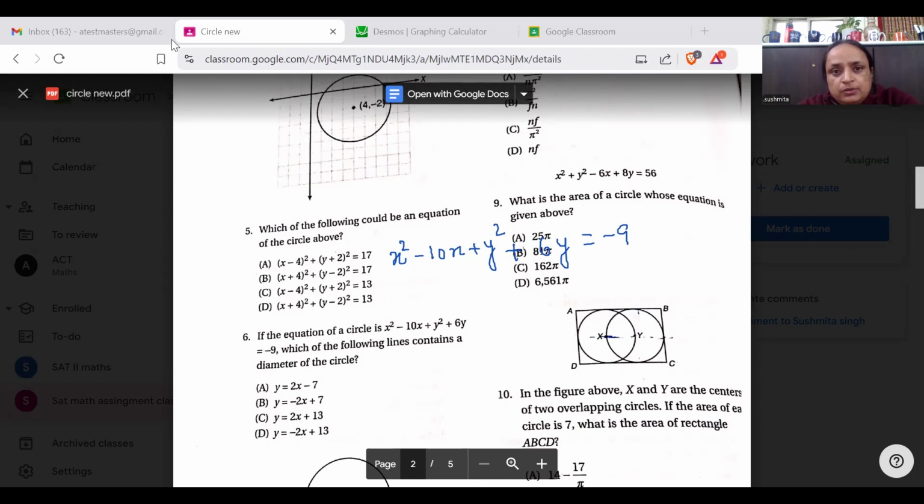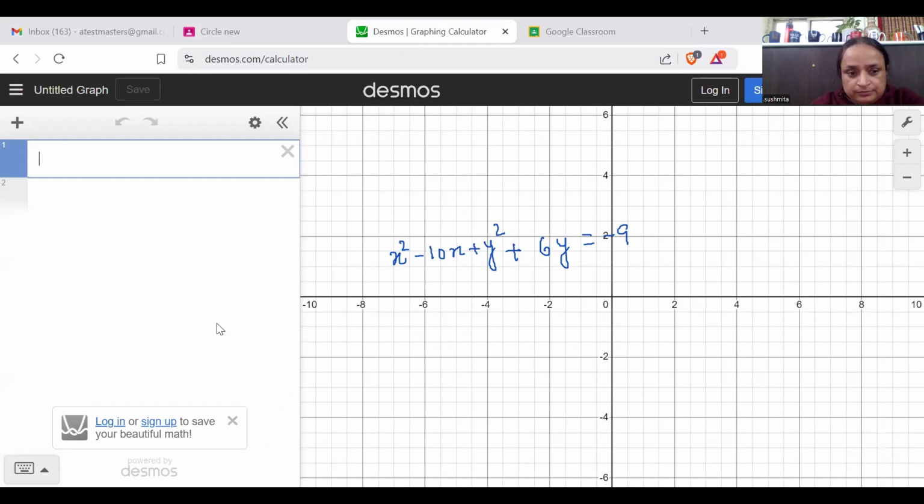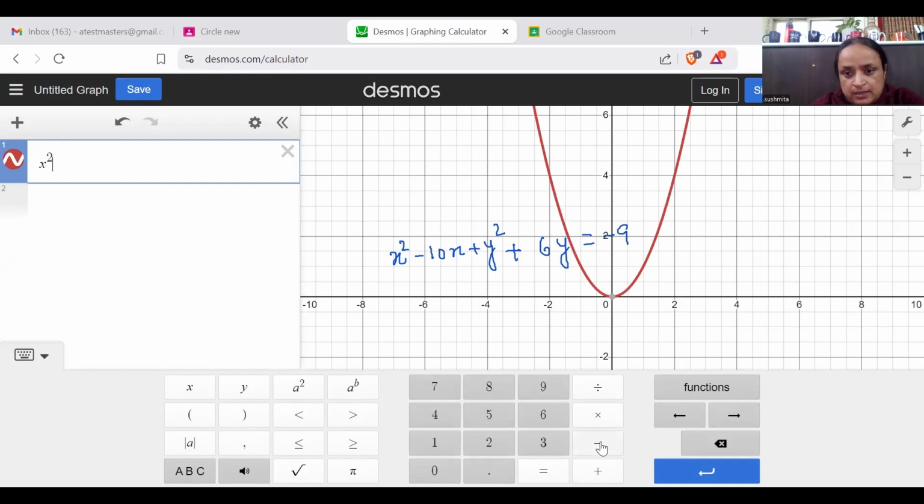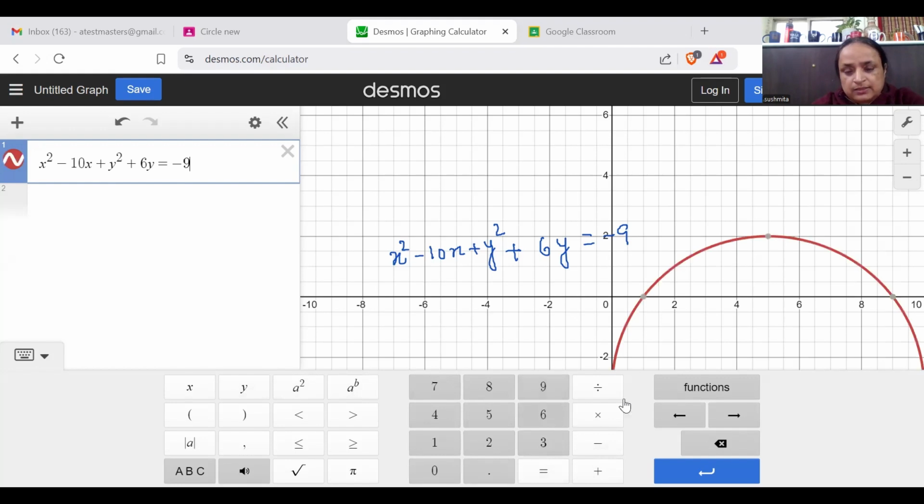You simply go to Desmos and put the values in: x squared minus 10x plus y squared plus 6y equals minus 9. You can see the circle has appeared.